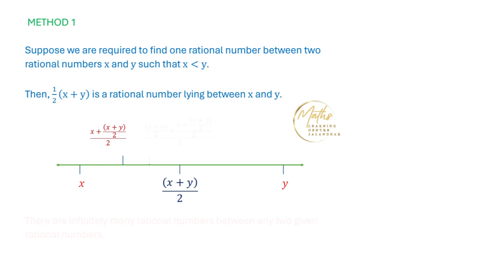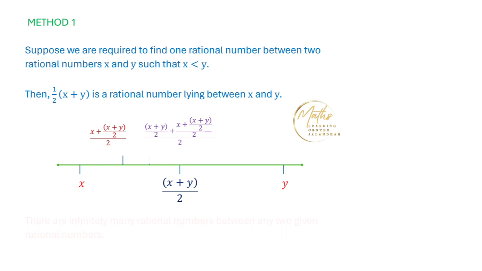Now suppose we want to find another number. We consider the two numbers we have obtained. If we apply the formula on these two numbers, we add the first number to the second number and divide the whole value by 2.